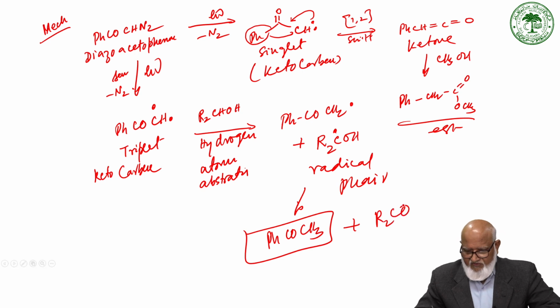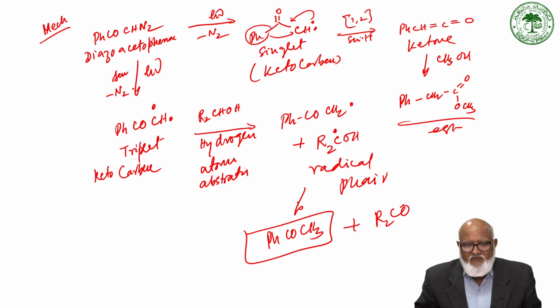So you can see this is a very interesting reaction which clearly demonstrates the different modes of reaction. Singlet carbene goes via a 1,2 shift rearrangement to give ketene, which on reaction with methanol gives an ester as one of the products.